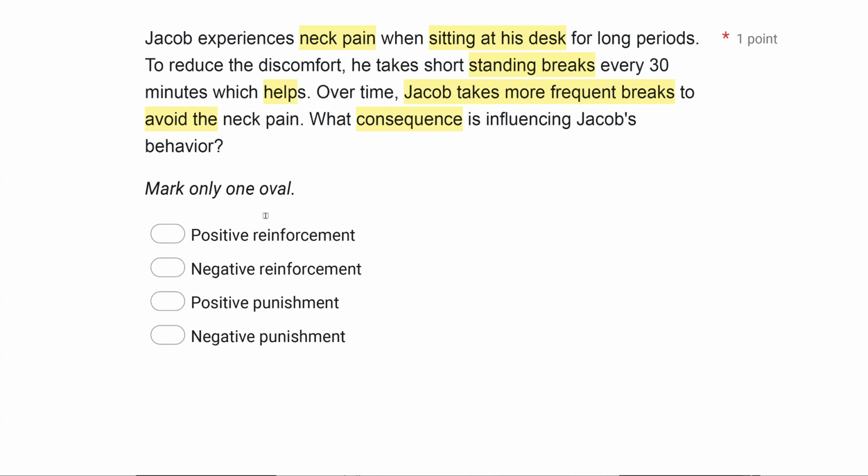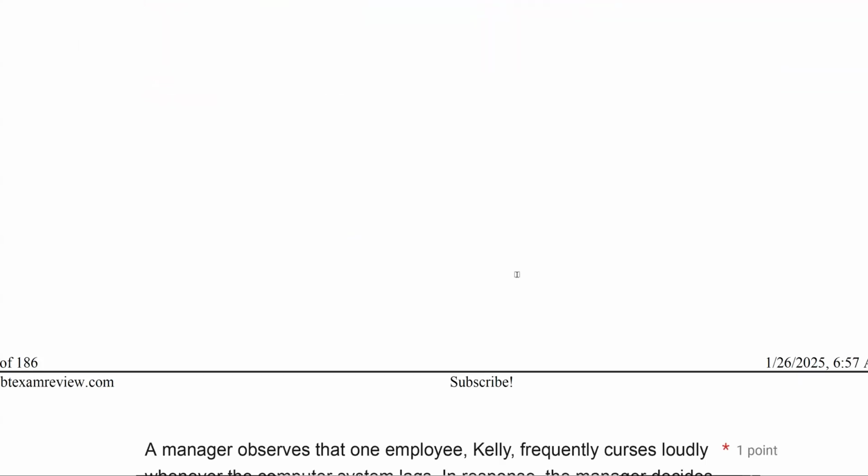Here, it looks to be negative reinforcement. Whenever you're avoiding or escaping something as the consequence, it's typically going to be negative reinforcement. And then C and D, positive and negative punishment. It's not going to be punishment because Jacob is doing something more. His behavior is being reinforced. The consequence influencing his behavior is B, negative reinforcement.